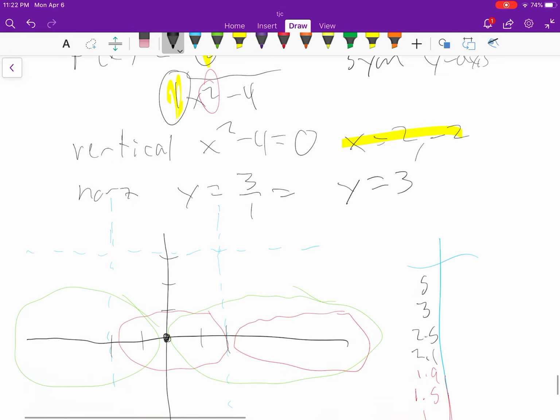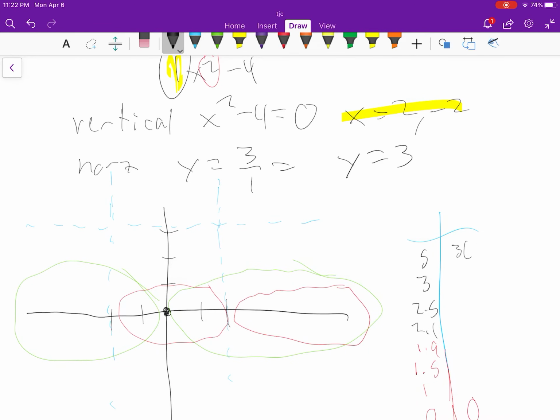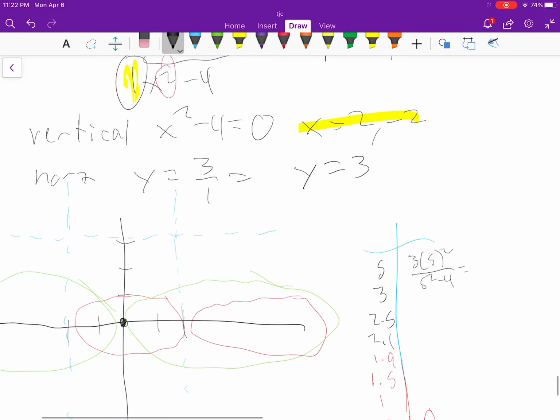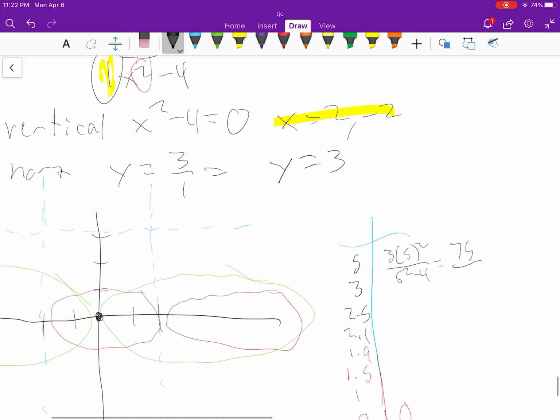So plugging the points in. What does 5 do? Well, 5 gives 3 times 5 squared over 5 squared minus 4, which is 75 over 21, which is approximately equal to 3. It's a little greater, so it's 3.1 maybe. That tells us it's above. So out here at 5, it's approximately right there. What about at 3?